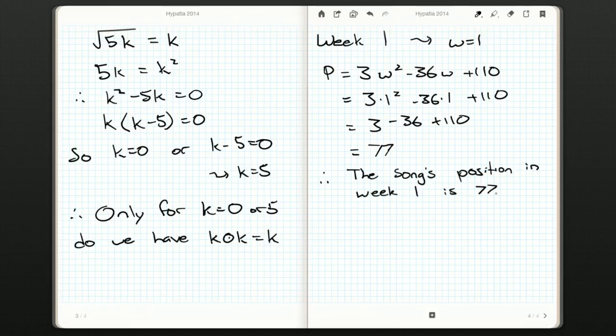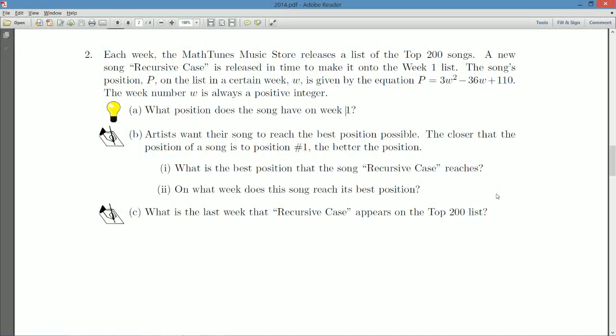So now we know what the song's position is in week number 1. It's in the 77th position. So that was A part.